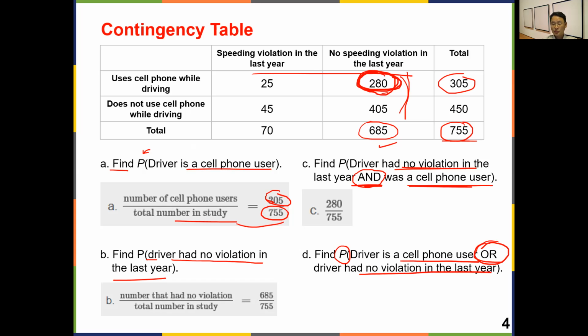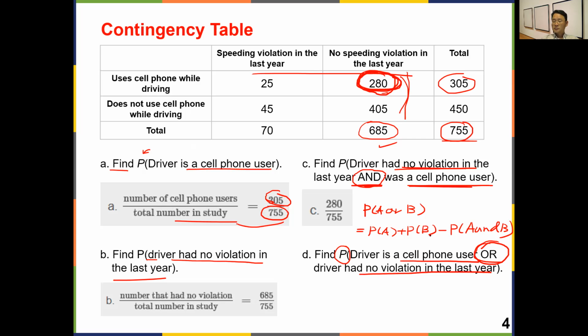If it's not mutually exclusive, then you gotta subtract the probability of A and B, right? Let me rewrite the OR formula here. Probability of A or B is probability of A plus probability of B minus probability of A and B, right? That was the OR formula.